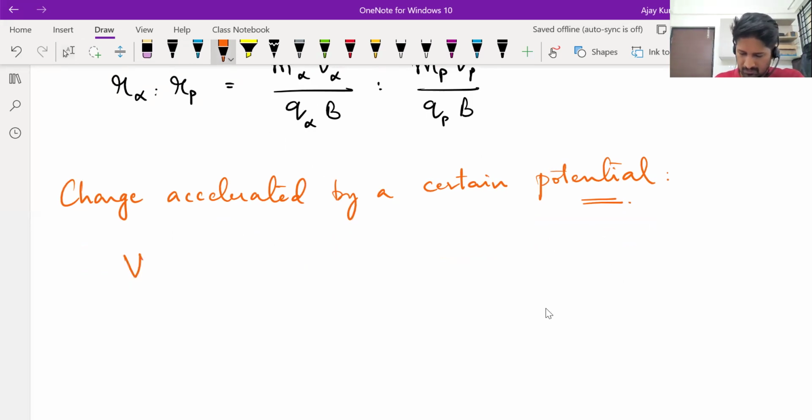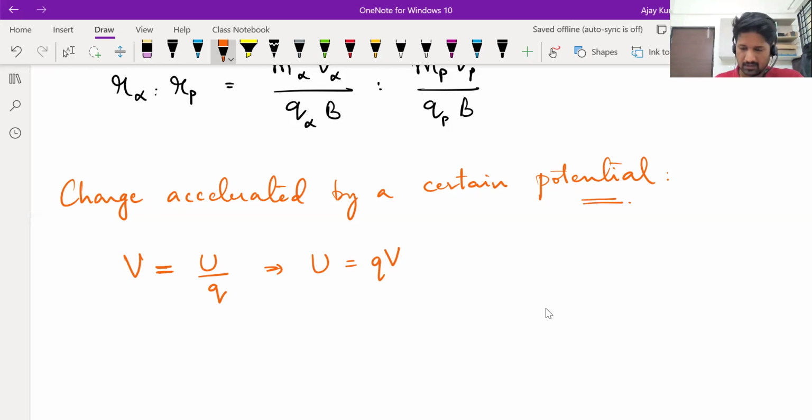Okay. V is equal to U divided by Q. Potential at any position is the potential energy per unit charge placed at that position, which means the potential energy of a charge can be calculated this way: charge multiplied with the potential.